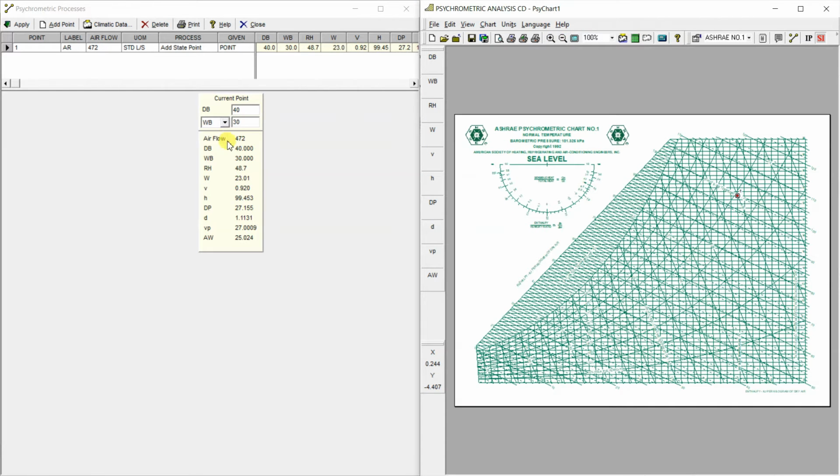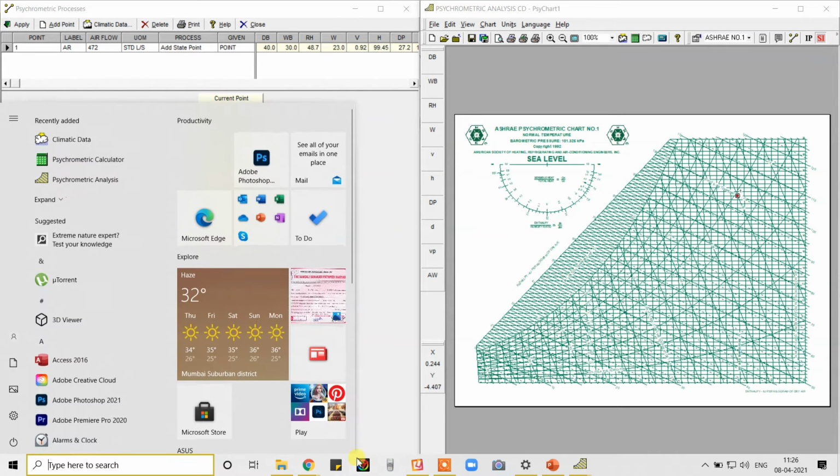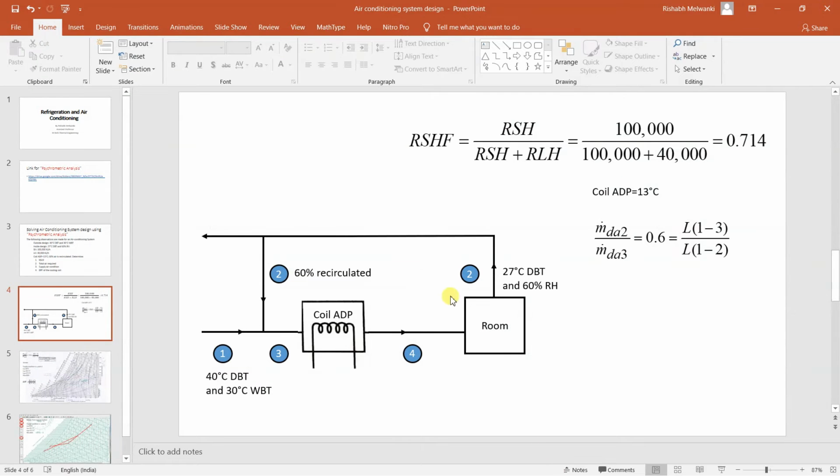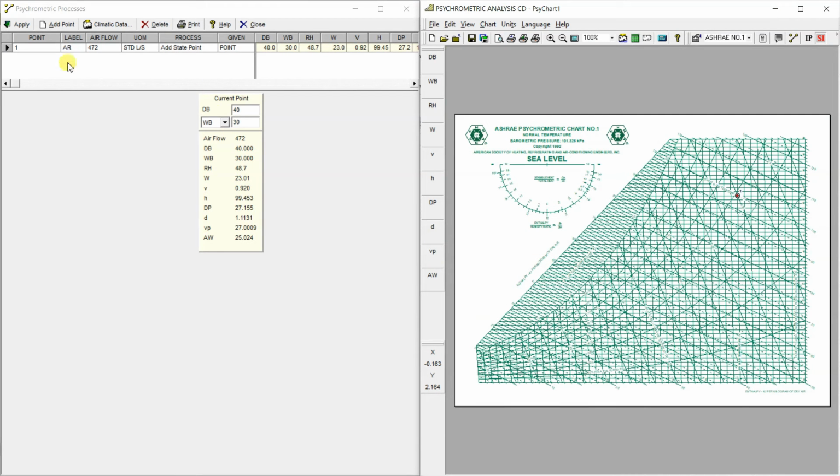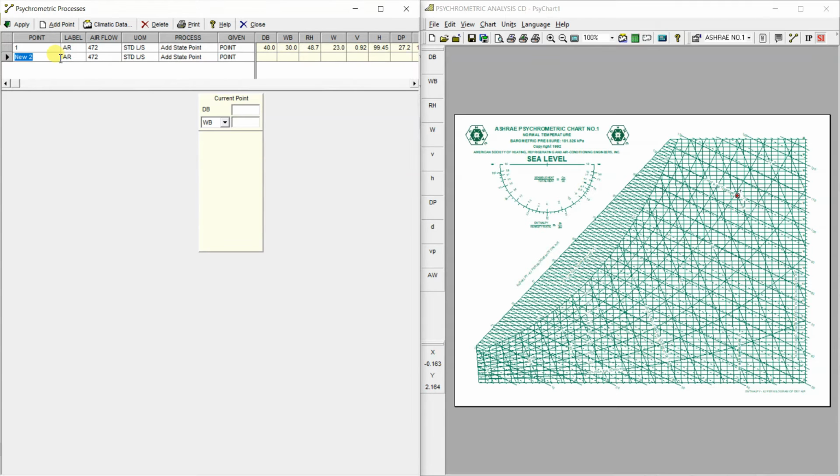Now next, point number 2 data. So point 2 is 27 degree Celsius dry bulb temperature and 60% RH. So add point, this is point number 2, dry bulb temperature is 27 and relative humidity, select here relative humidity RH, it is 60%.